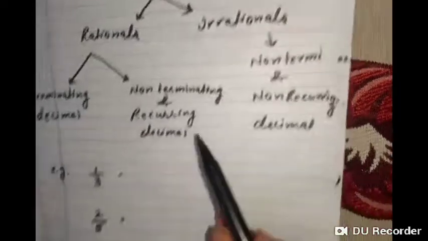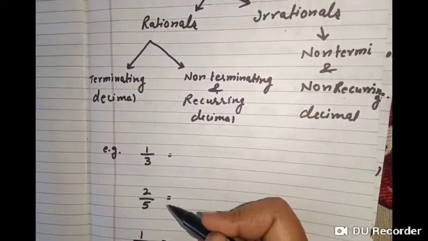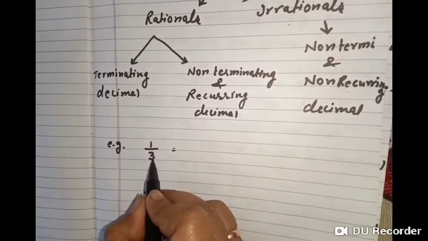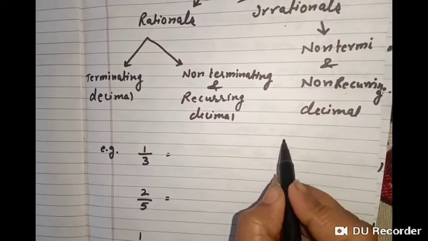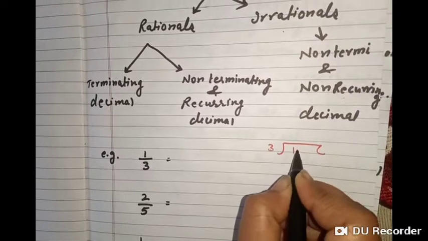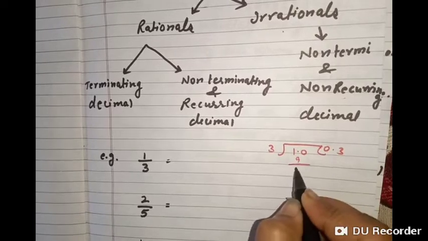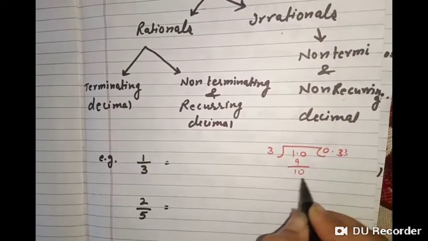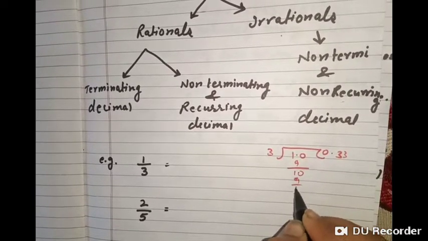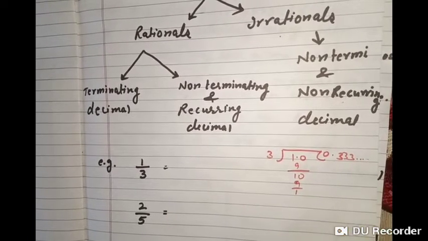Now, to make this concept more clear, I have taken some examples. Suppose I have taken 1 by 3. All of you know 1 by 3 is a rational number. If we divide 1 by 3, what do we get? We'll get 0.3, meaning this division is going on.